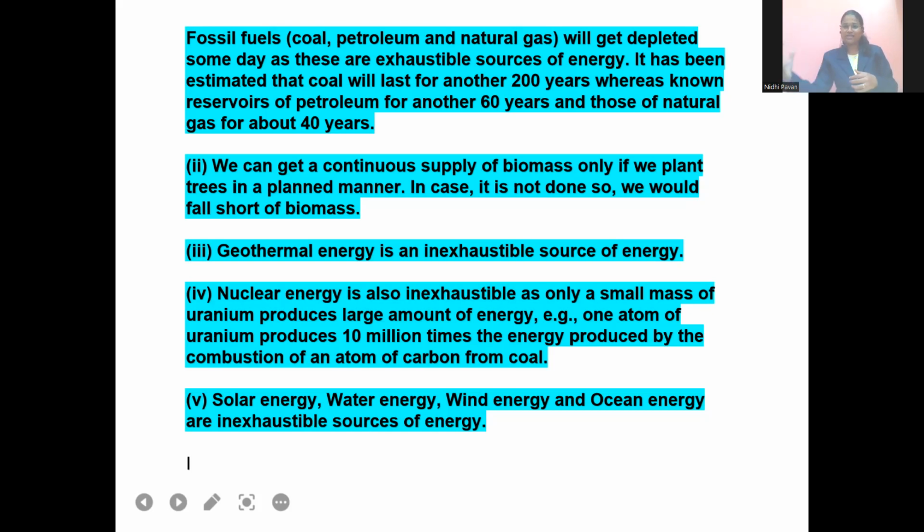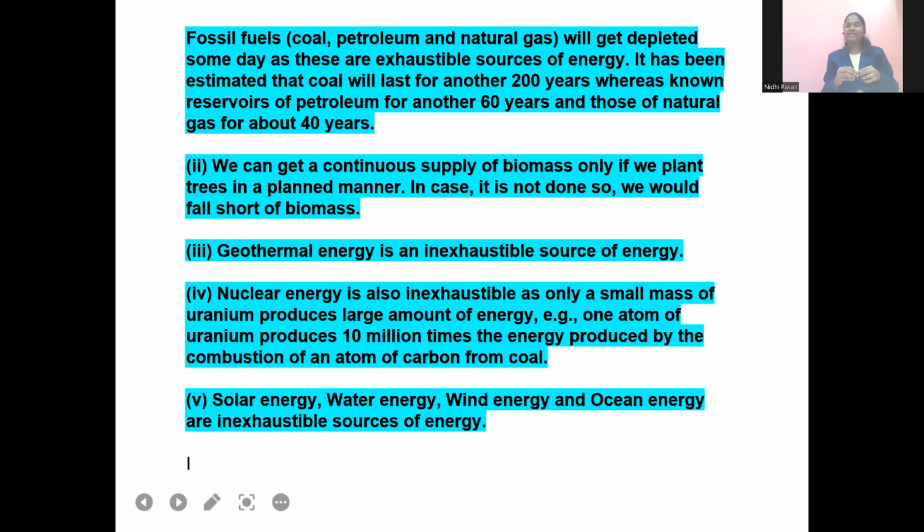Petroleum will get over after 60 years. That's why we are using electric vehicles nowadays. Natural gas will get over in 40 years. In the same way, we can get a continuous supply of biomass like biogas if we plan for it. If we don't plan for it, it will also be reduced.